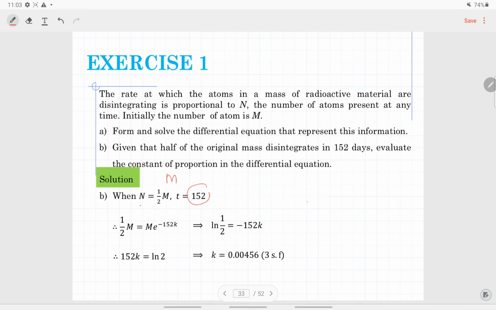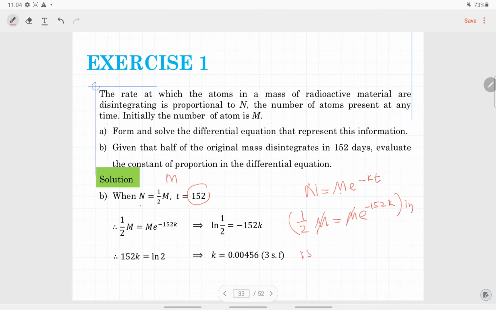We have just now n equal to m exponential negative kt, right? m is the original, initially when t equal to 0, and n is half. Equation B asks when n is half of m, so 1 over 2 m equal to m exponential negative k times 152. Therefore, we can cancel out by taking the ln.